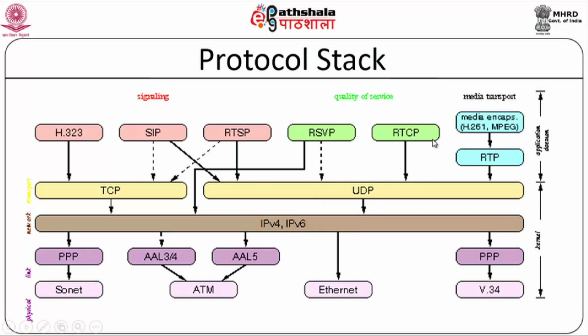In addition to RTP, we have RTCP, which aids in providing quality of service. It is not a quality of service related protocol, but it carries information which may be used by the applications to improve or adjust the quality of service. So, it is this pair, RTP and RTCP, that we will be looking at first. We look at RTP now, and we may look at RTCP in a subsequent session.